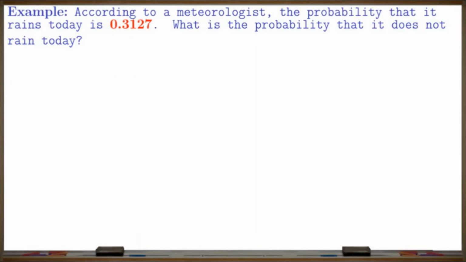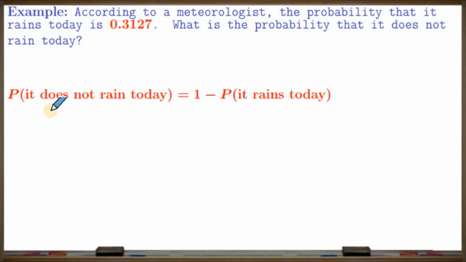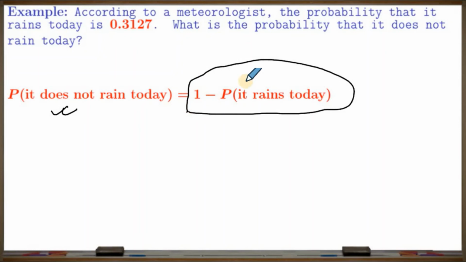Now let's look at another example. According to meteorologists, the probability that it rains today is 0.3127. Here we have to find the probability that it does not rain today. We know the probability that it does not rain today is equal to 1 minus probability it rains today.